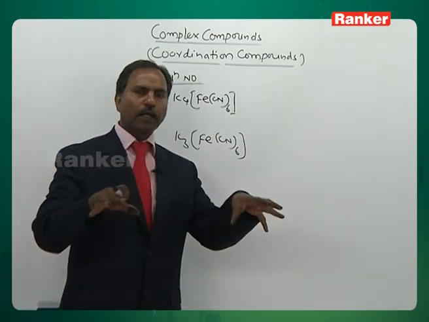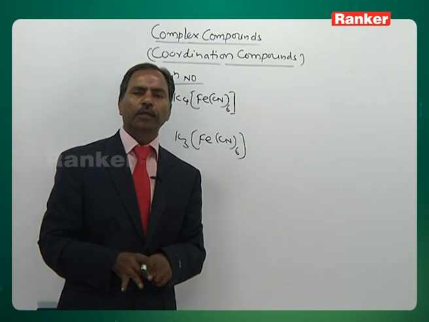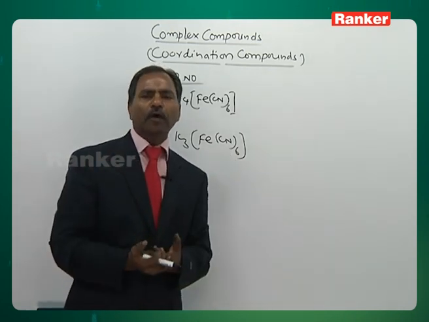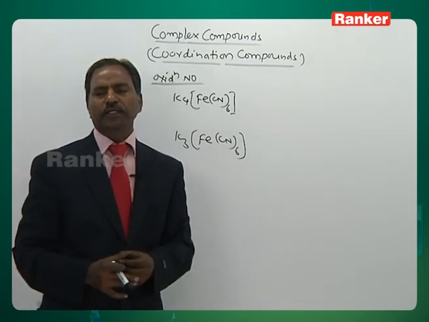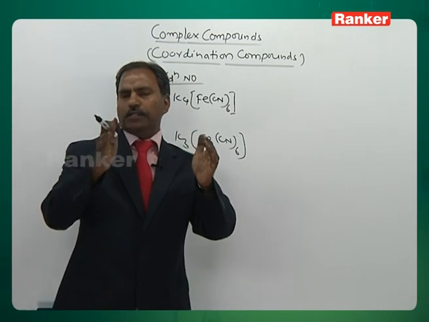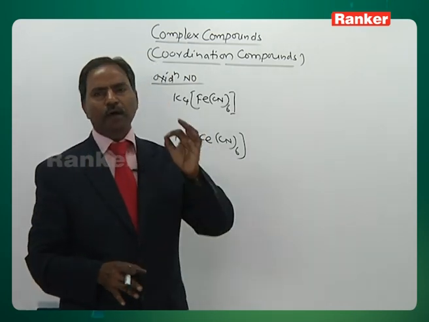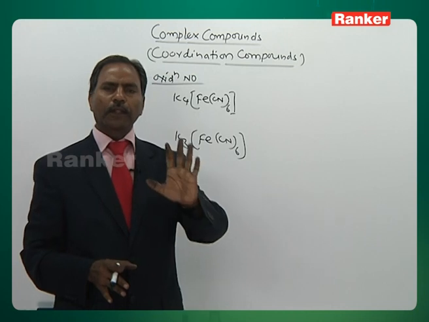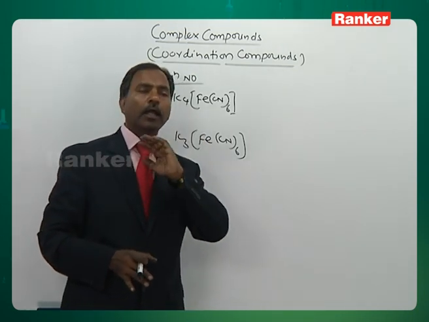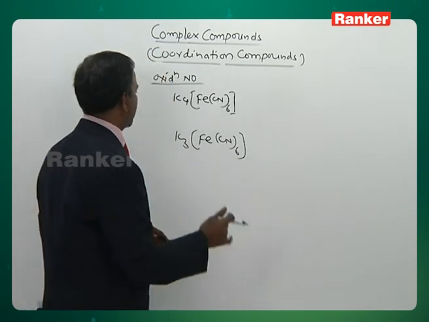There is the equation x plus y plus z equal to 0, but we need not always apply a formula, as it takes some time. By looking at the complex, you should be in a position to say the oxidation number, provided you are thorough with the nature of the ligands.